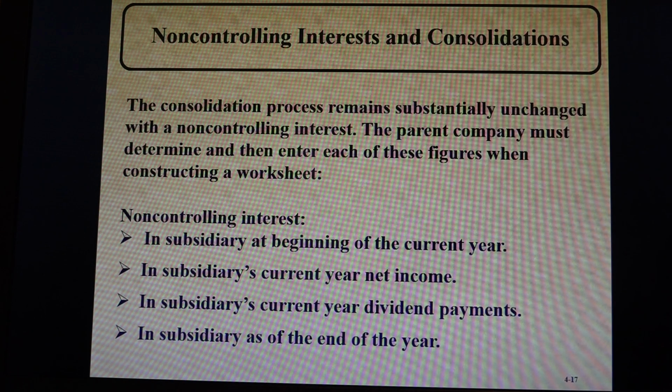And then you're going to list their portion of any dividend payments made by the sub. That's going to reduce their share in the sub. And so the sum of those three equals their equity interest in the sub at the end of the year.